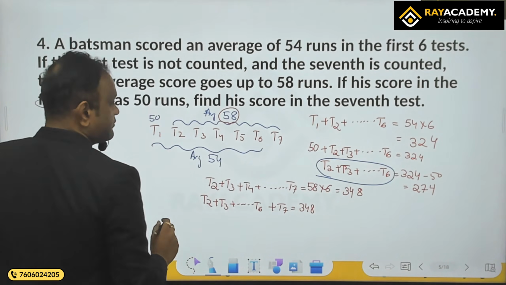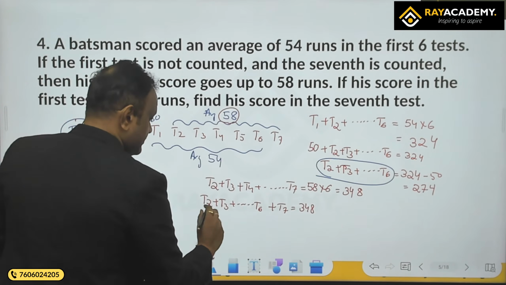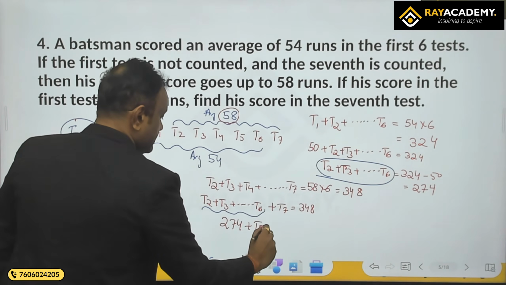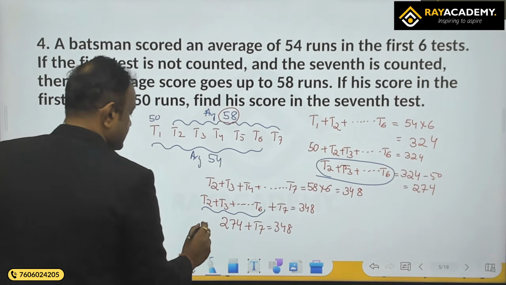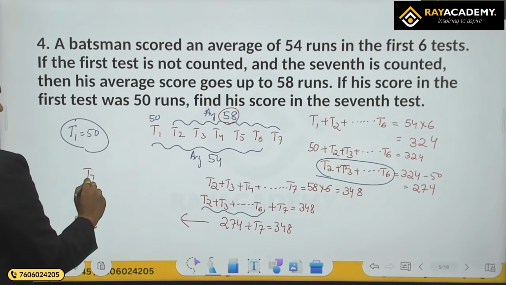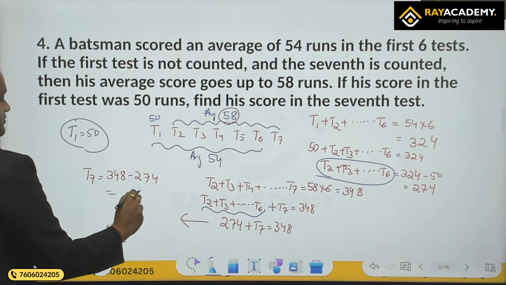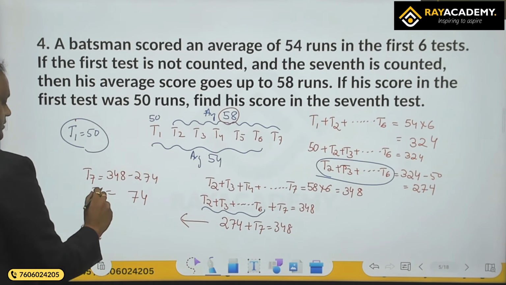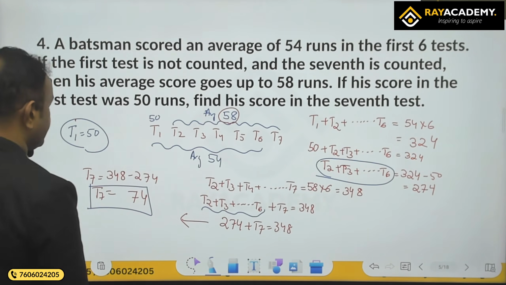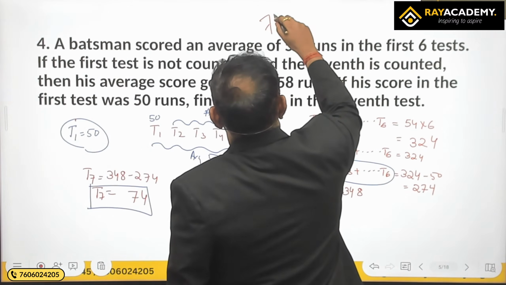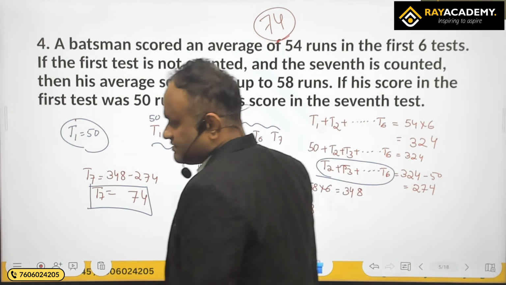T2 to T6 gives us 274, so 274 plus T7 equals 348. So what is T7? T7 equals 348 minus 274, that is 74. So the score in the 7th test is 74. This is the question. Answer is 74 runs.